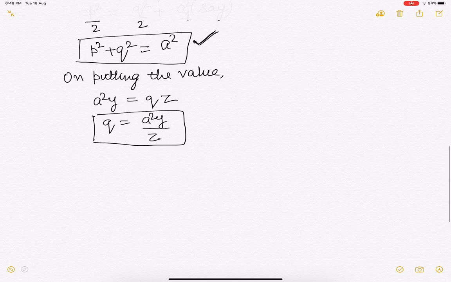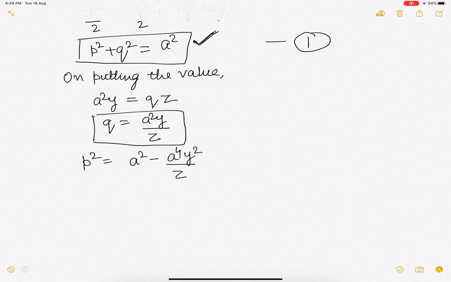Now since we got the value of q, we put the value of q in 1. So when we put the value of q in 1, we get p square is equal to a square minus a to the power 4 y square upon z square, which is equal to (a square z square minus a to the power 4 y square) upon z square.